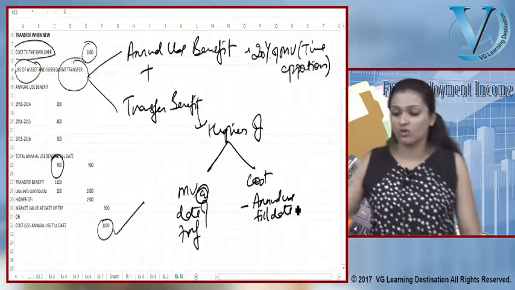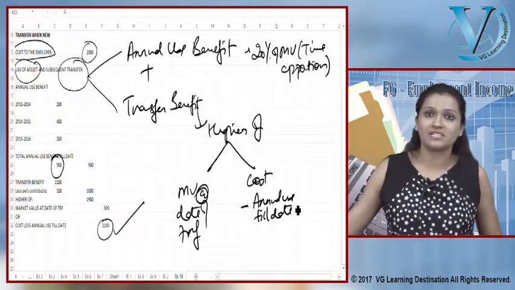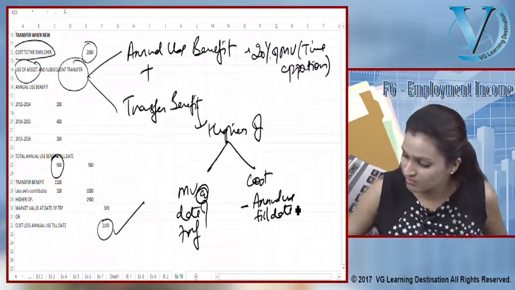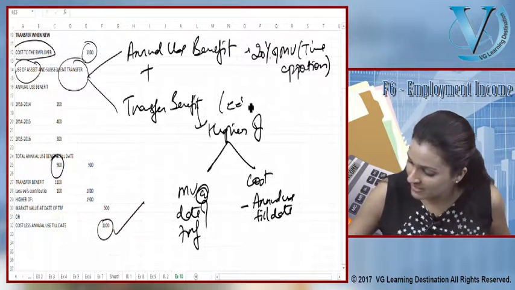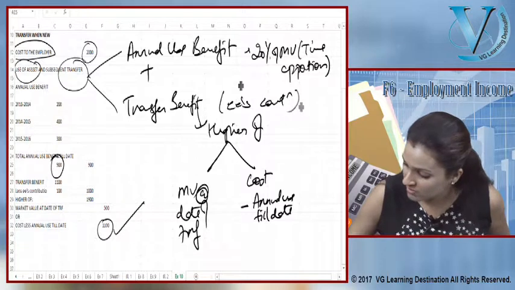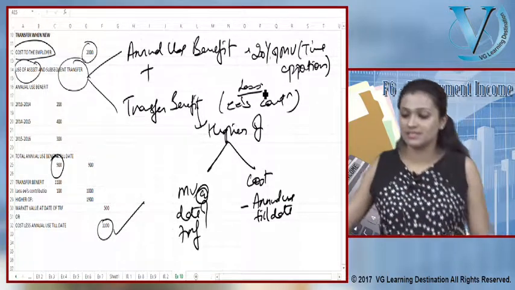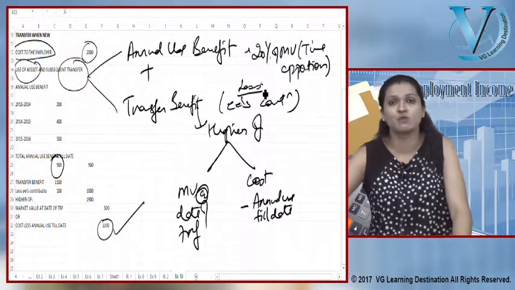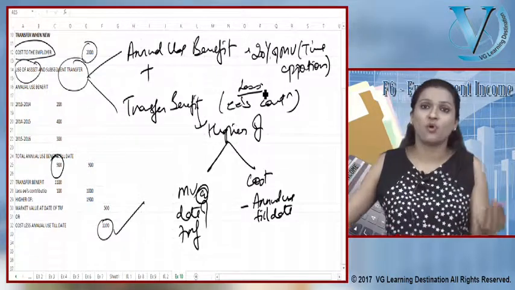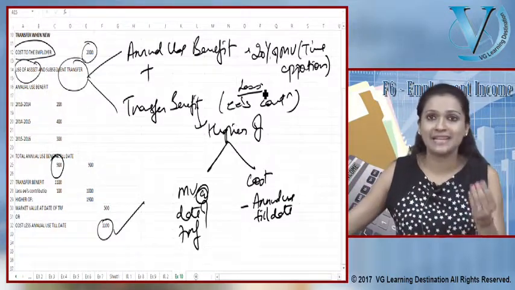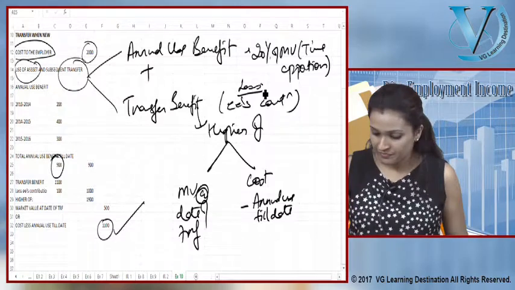Whatever is higher is what you're going to use as your transfer benefit. Obviously this gets reduced by the amount of the employee's contribution, because the employee has actually contributed something towards it.